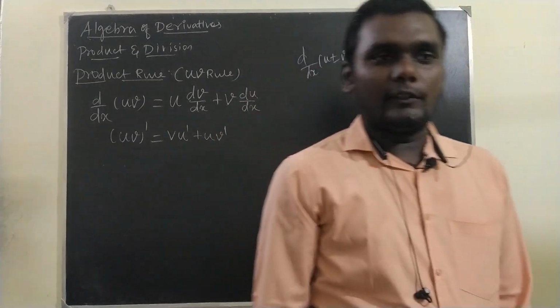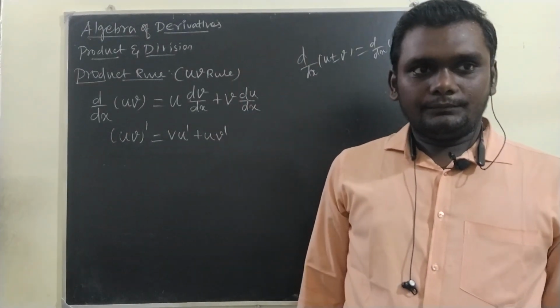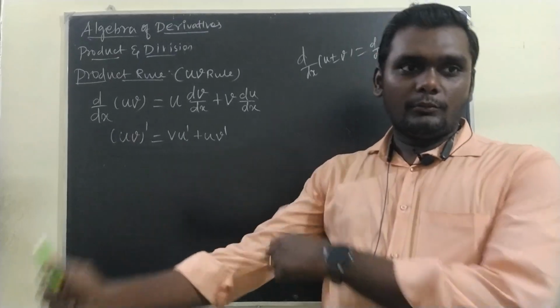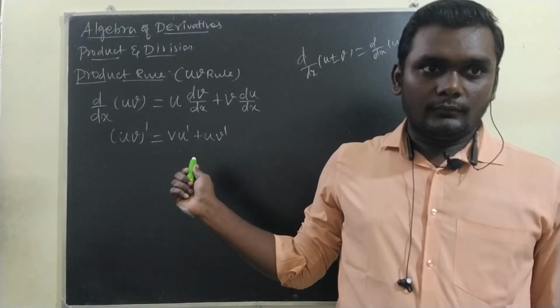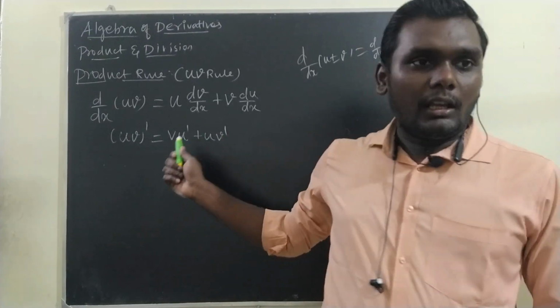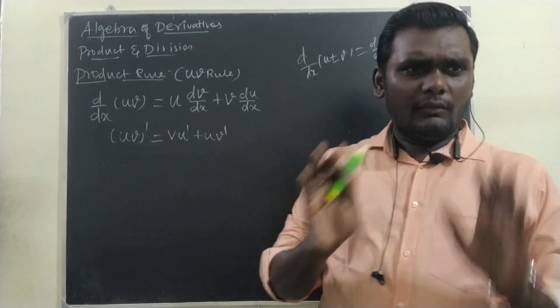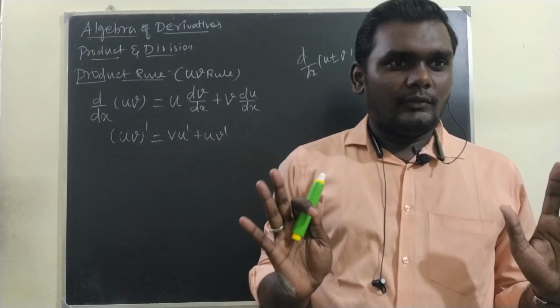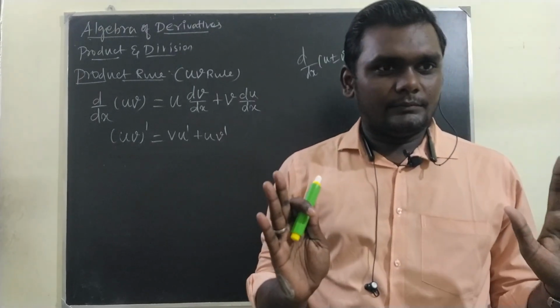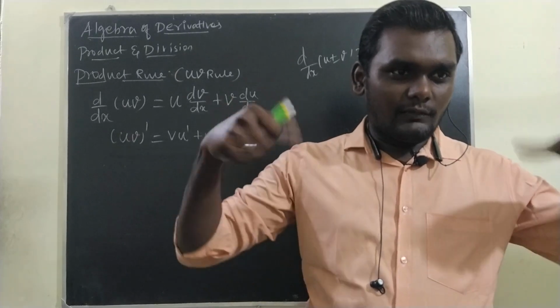Remember, f dash of x. Also, this should be remembered in the same order. How I recall this: v comes first. V stands for what? V stands for who?